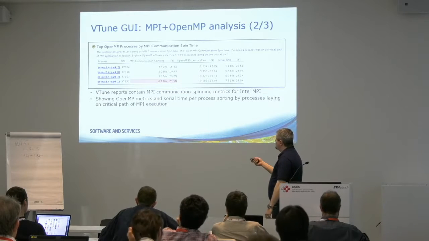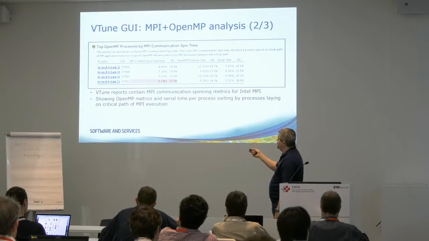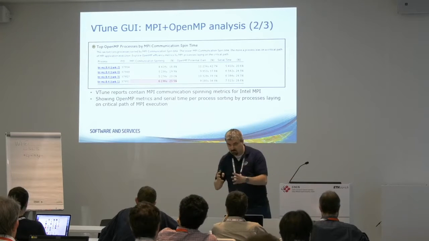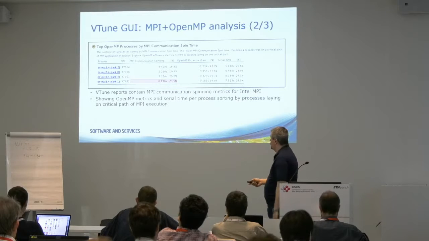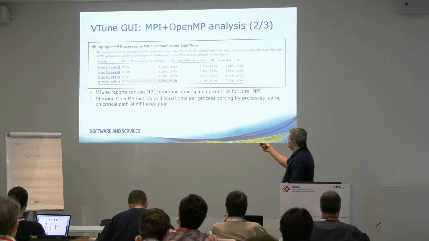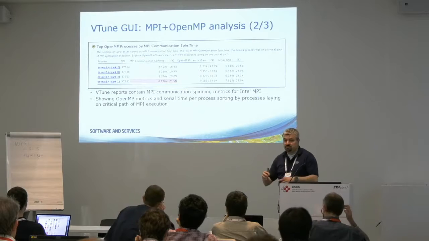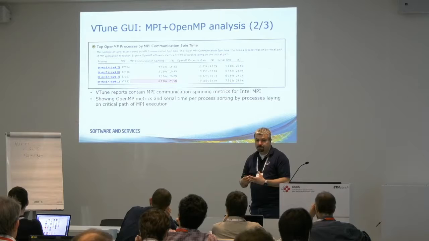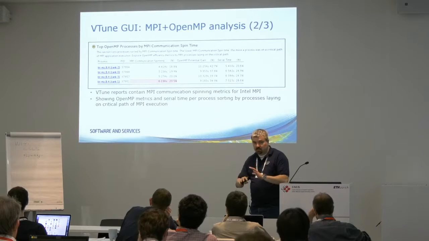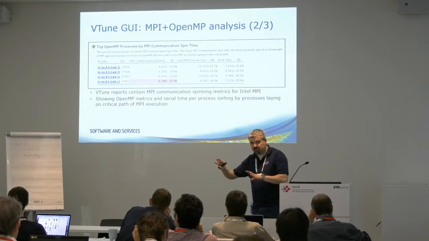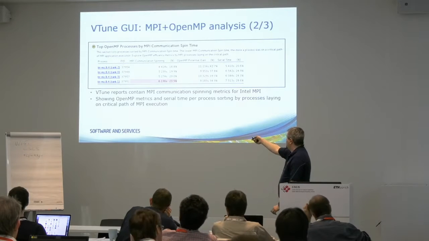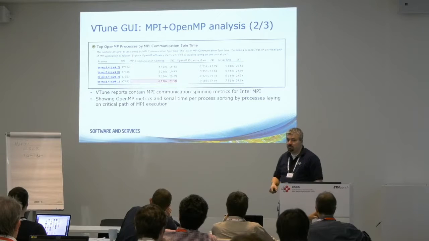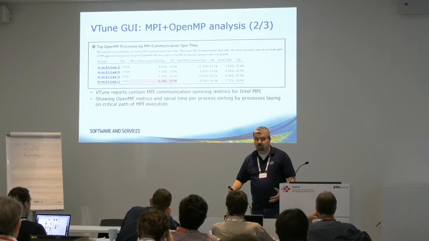So what you can see is it can present information about the local ranks, so the ranks on the local machine of your local node. And it can tell you how much MPI communication time you had in terms of how long the cores were waiting for MPI traffic to come in. Okay? It doesn't tell where the traffic was coming from. It's just the information that you have been waiting, like in this case, 6 seconds or 23% of your time you've been waiting for MPI.